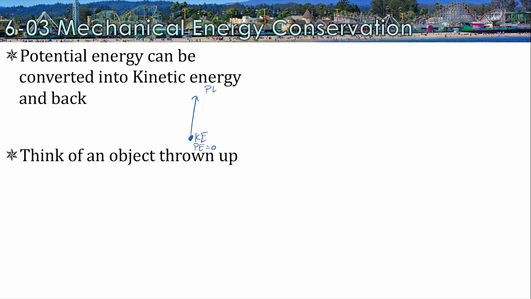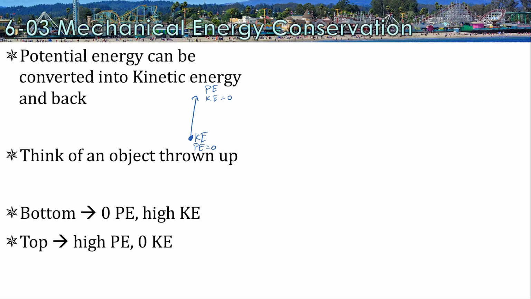At the top it has potential energy, but at the very highest point it's not moving anymore, so the kinetic energy is zero. So what's happened is that we've changed our kinetic energy into potential energy. The bottom had zero potential, high kinetic energy. The top had high potential energy, but no kinetic energy because it stops at the highest point.